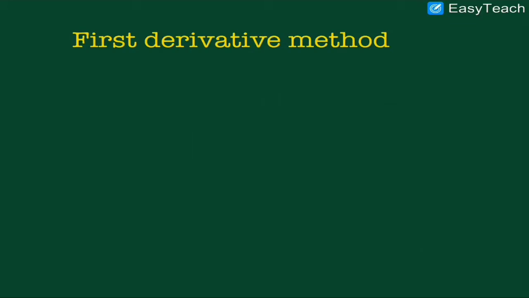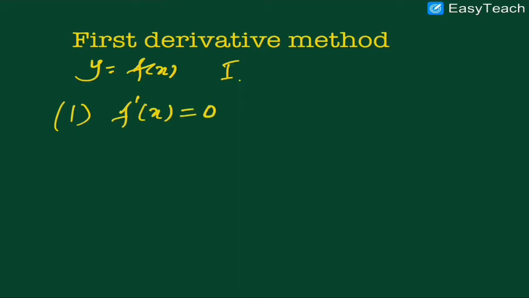Now let's see the first derivative method. Let y equal to f(x) be any function defined in the interval I. Then first find the derivative of this function and equate it to 0. Solving this equation f dash x equal to 0, we get the critical points.